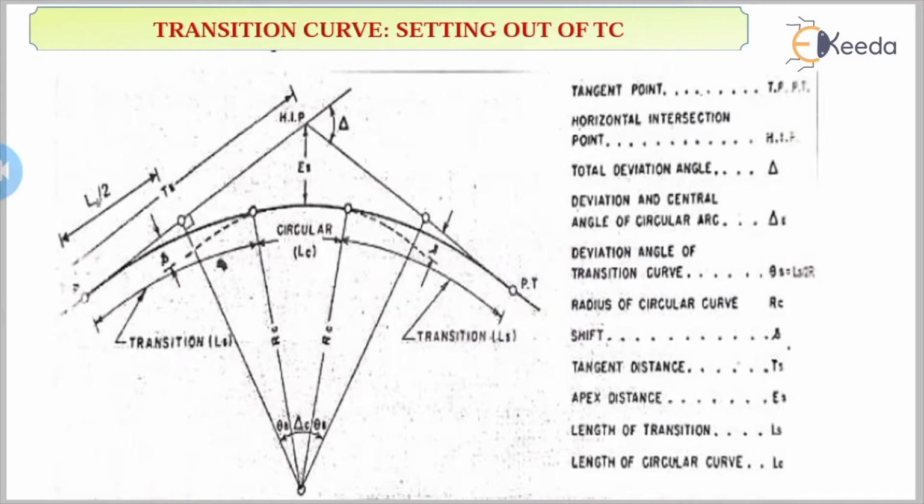Here the circular length is of length LC, and the transition length is LS.